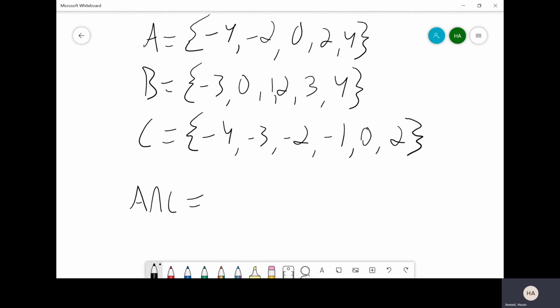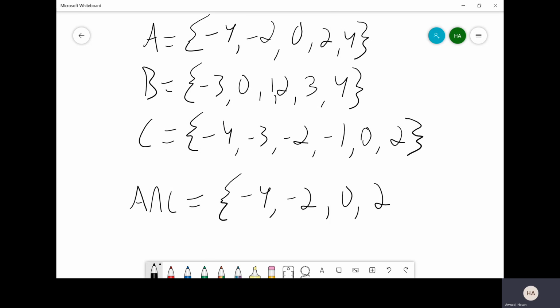Okay, so again, what's the idea here? The idea is that we are just going to look for the elements that are shared between the two because it is an intersection, right? So we see -4 is found in both. So -4 is definitely in the intersection. -2 is going to be in both. -3 is not, however, right? -3 is only found in set C. So because it's only found in one of the sets, we do not include it in the intersection. 2 and 0.